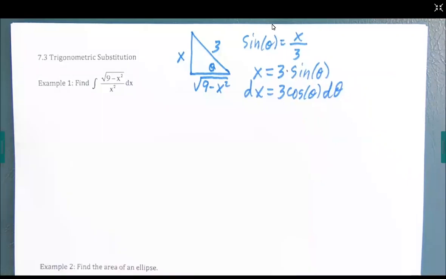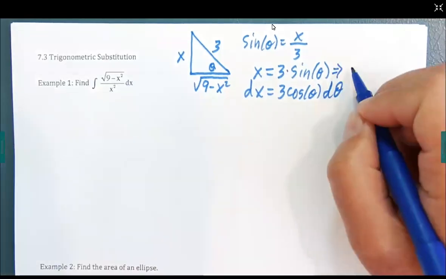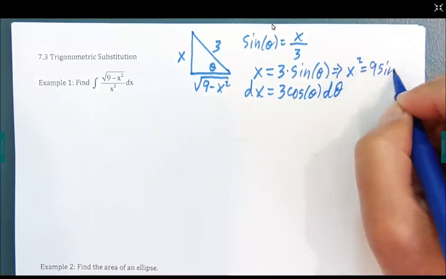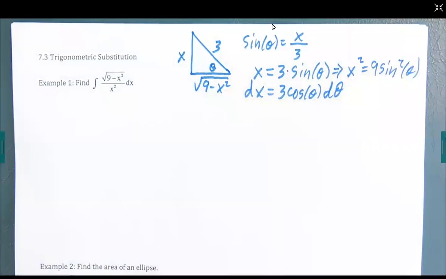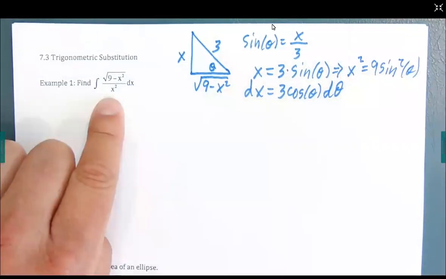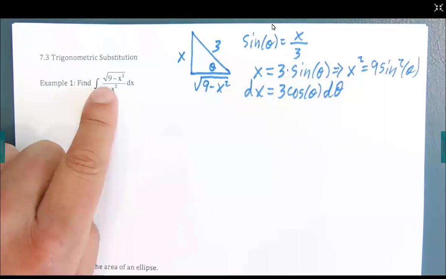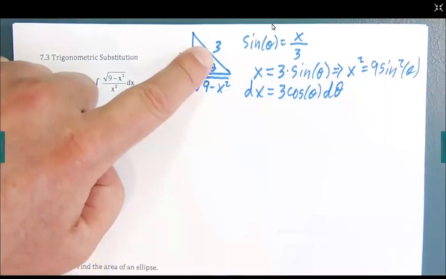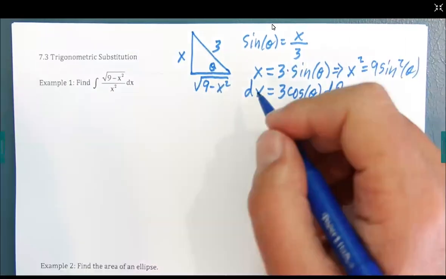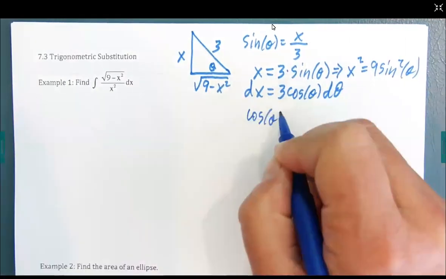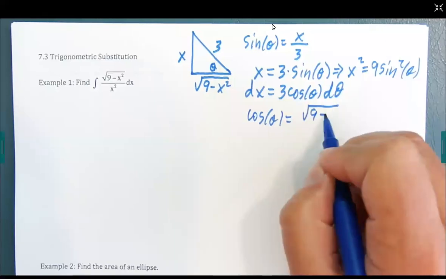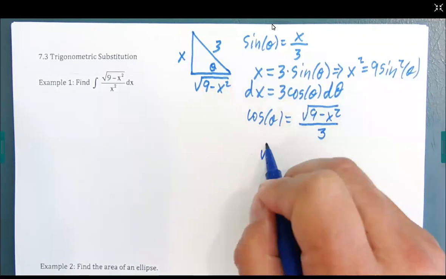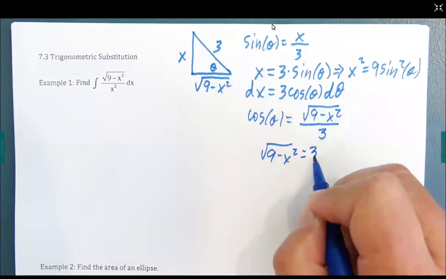I'm also going to notice that I can square the x. So there's my second piece, my x squared in the denominator there. Now I'm going to want to compare the square root of 9 minus x squared to the constant, which is the 3 in this case. And if you notice, that's going to be the adjacent over the hypotenuse. This means that cosine of theta is the square root of 9 minus x squared over 3, which means the square root of 9 minus x squared is 3 cosine theta.